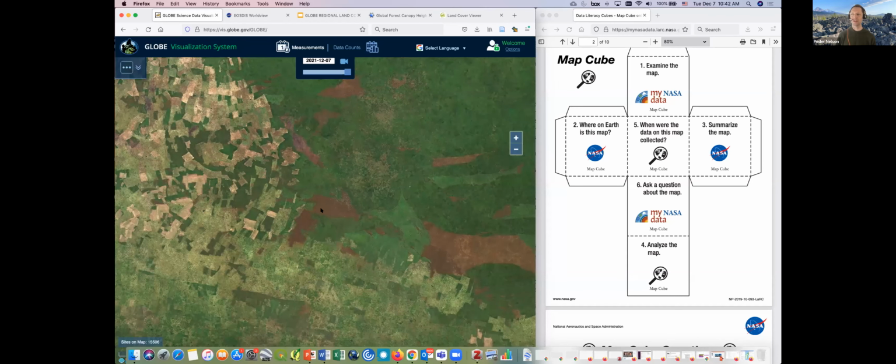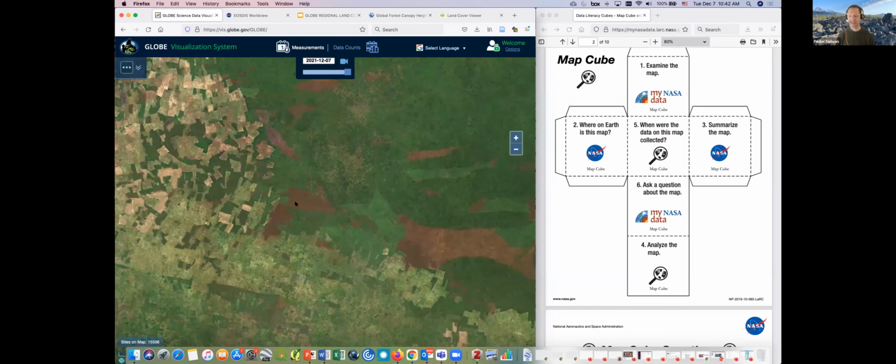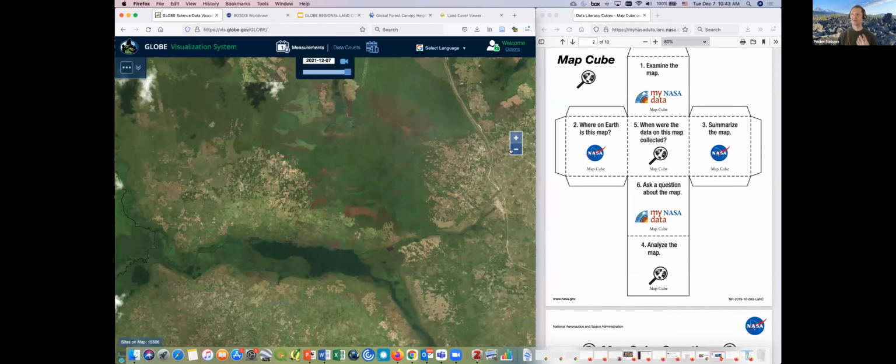This is a common practice occurring not only in Africa, but also in North America, in South America, pretty much anywhere you have trees and people are managing them. You'll end up having this charcoal residue on the surface. So again, colors and textures help me see some interesting patterns that make me come up with questions that hopefully Globe can help me answer.